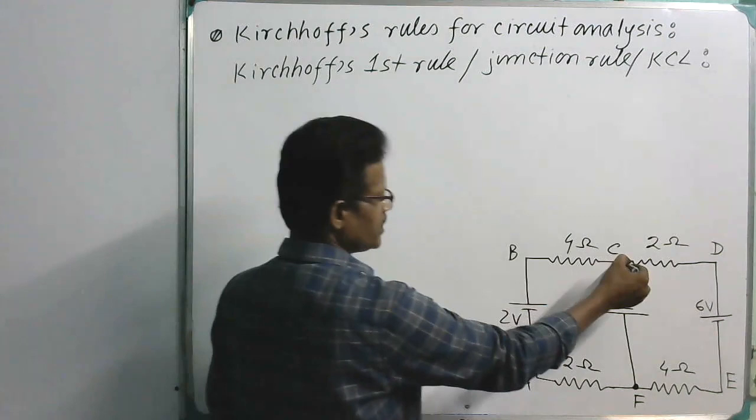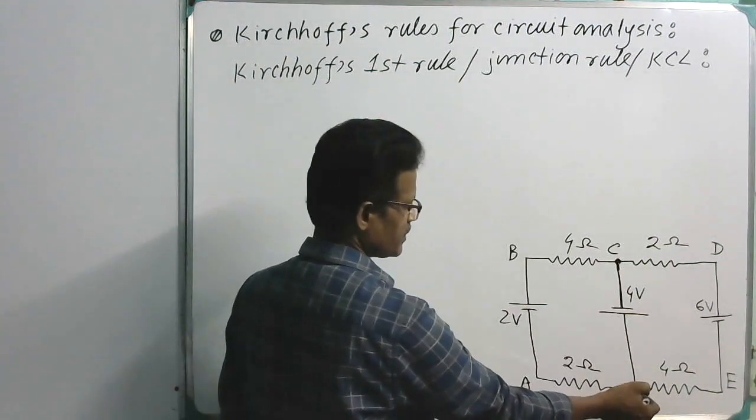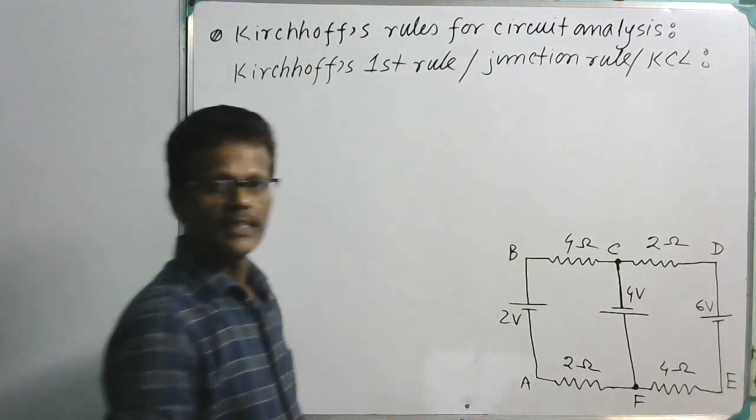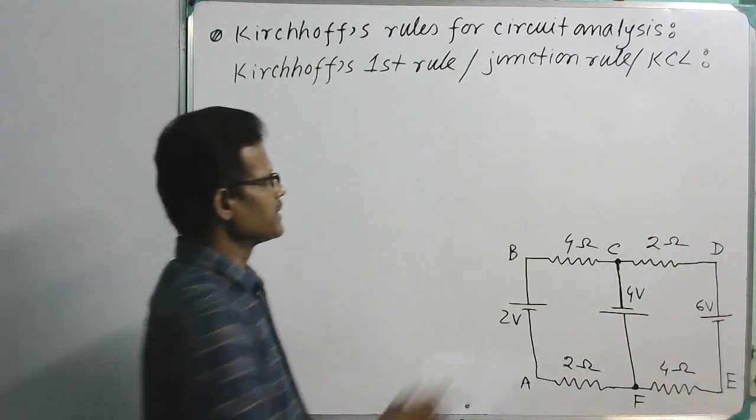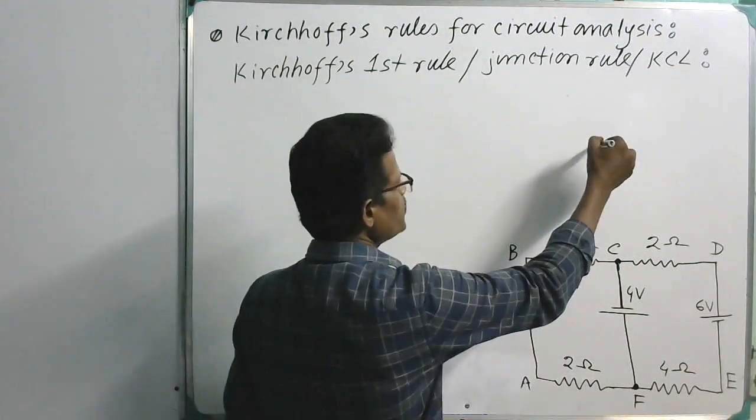Now you know nodes C and A are nodes or junctions of an electric circuit. So suppose this is a node.